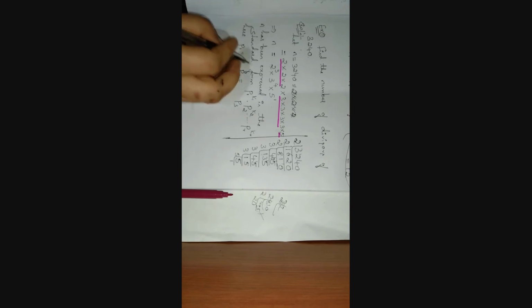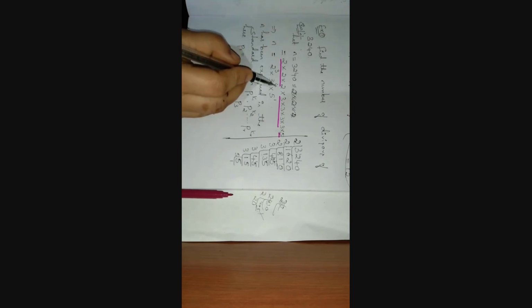Here, what is p1? By comparing this one, you just tell me what is p2, what is p3. How many prime numbers are there? 1 2 3. So I have taken p1, p2, p3. Suppose 4 are there, you can take p4. 5 are there, then you can take p5. Accordingly, how many powers are there? k1, k2, k3.